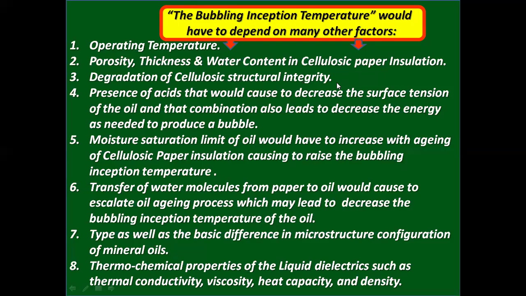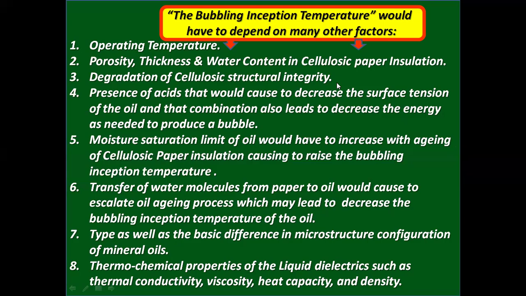Two, porosity, thickness and water content in cellulosic paper insulation. Three, degradation of cellulosic structural integrity. Four, presence of acids that would decrease the surface tension of the oil, and that combination also leads to a decrease in the energy needed to produce a bubble.